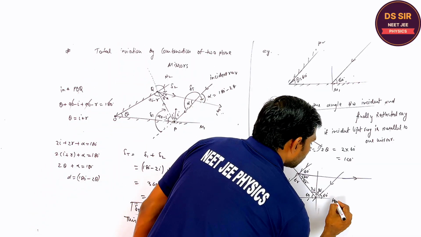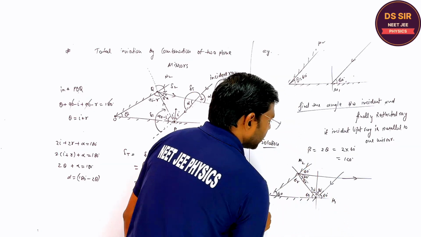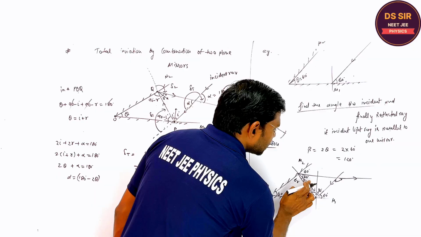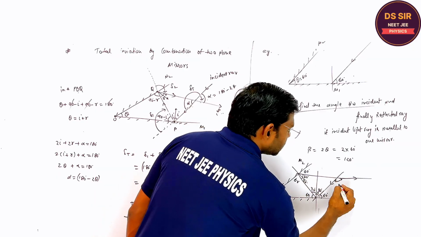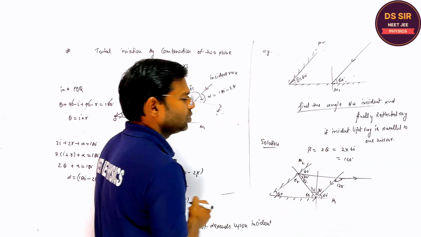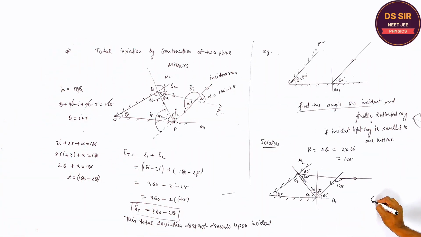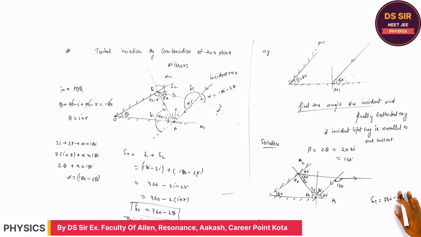So you have to remember this thing, M1 and M2. And what is the angle between them? I told you, if it is 60, this is 60, this is 120. By formula you can write, the deviation is different: 360 minus 2 theta.